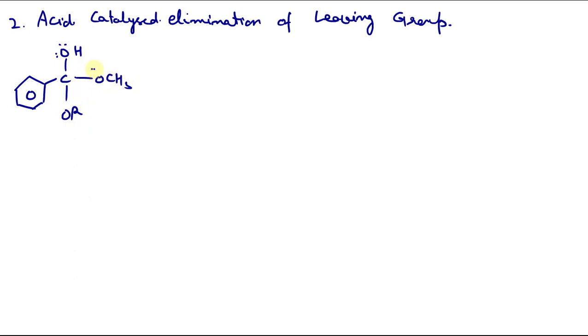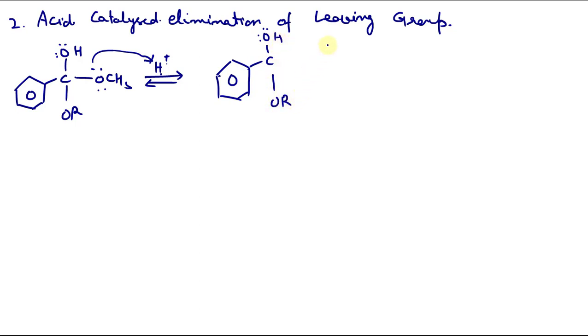Now the first step is protonation again, because the elimination is also catalyzed by acid. So this gets protonated, the leaving group that we have to depart, we will do protonation there. OH, OR, then OH, CH3 positive. So in the next step this will come here and this will be eliminated.